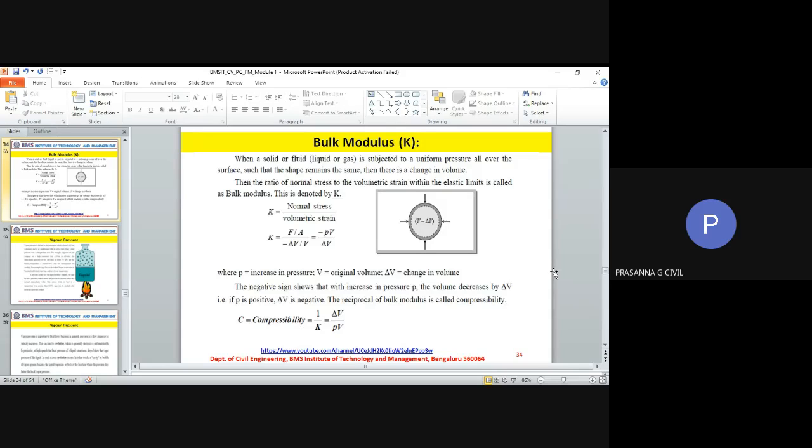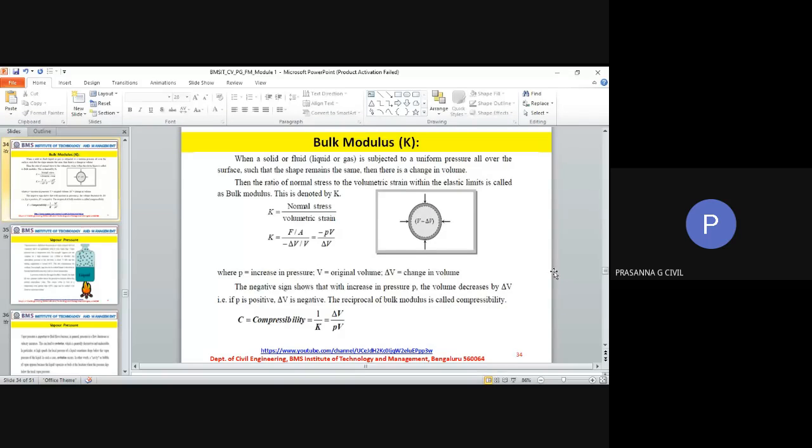When we say stress, it is the normal stress, and the symbol used to denote bulk modulus is K. For longitudinal strain, it is the increase in length divided by original length. Here, volumetric strain will be delta V, the change in volume, by the original volume.